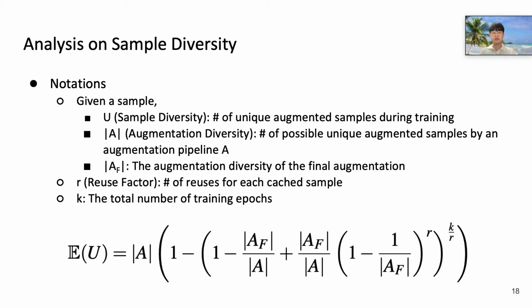The cardinality of A_F denotes the augmentation diversity of the final augmentation. R and K denote the number of reuses for each cached sample and the total number of training epochs respectively. Given such parameters, the expectation of sample diversity can be calculated as shown in this slide.